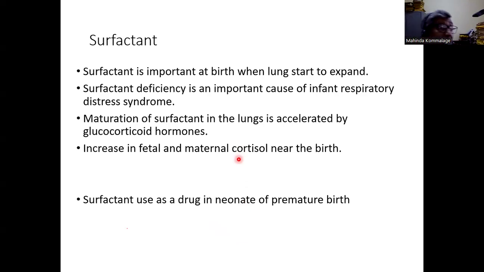Before birth, we give cortisol to the mother that will accelerate surfactant synthesis in the lungs of the baby and might help. If not, if the lungs start to collapse, we need to give the surfactant artificially to the lungs. We call this neonatal respiratory distress syndrome, and read about that in Ganong or other places or the internet. Right.